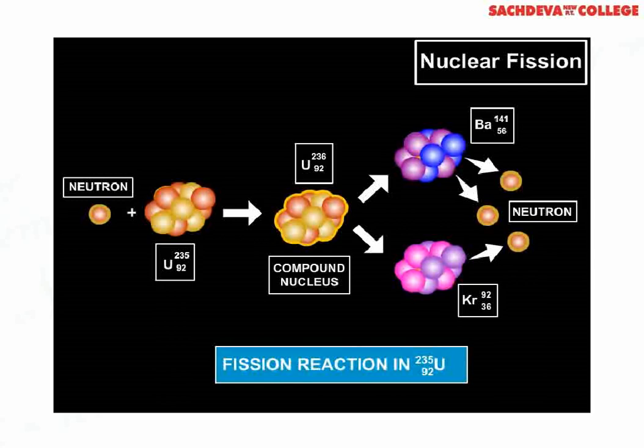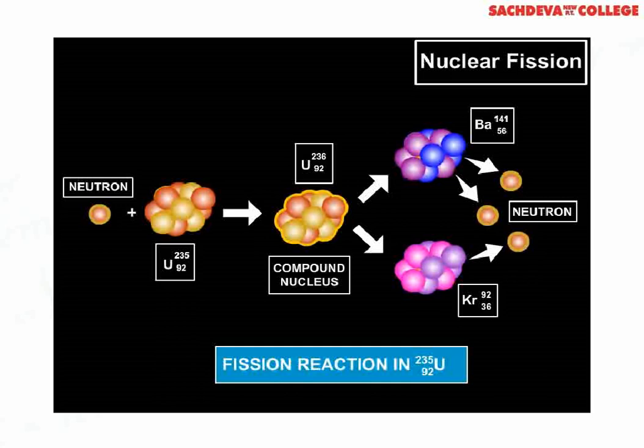So in the whole animation, a neutron is bombarding uranium-235, which is recovered from 92 uranium-238. Due to capture of a neutron, a compound nucleus, uranium-236, is produced. That finally splits up into 2 lighter nuclei like barium and krypton with atomic numbers 56 and 36, and mass numbers 141 and 92.